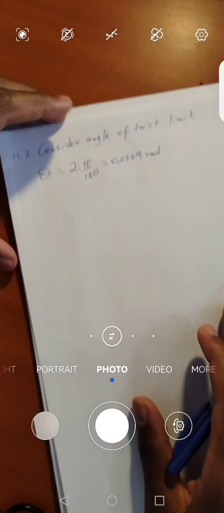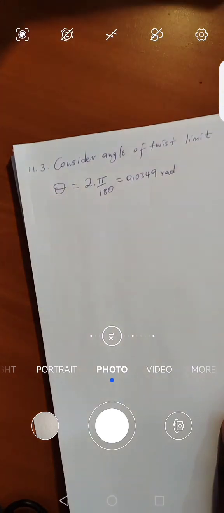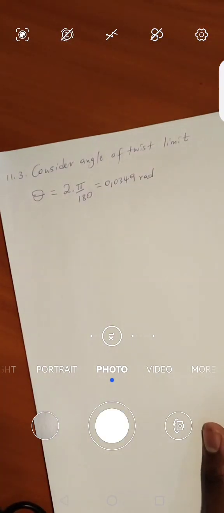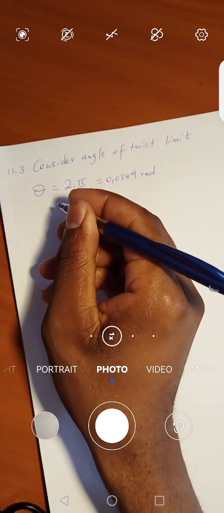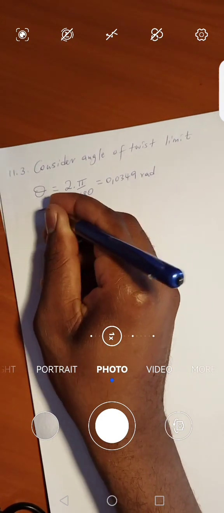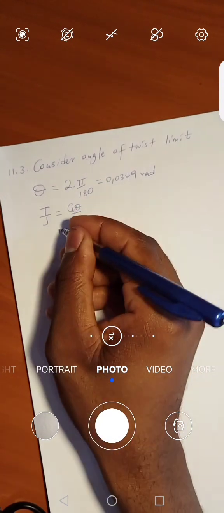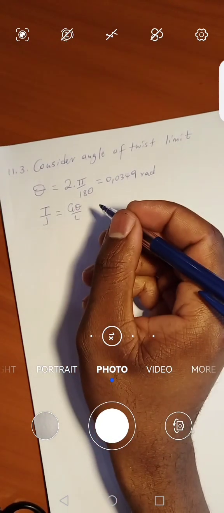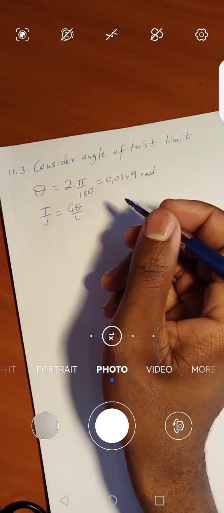Then you will have T over J equals to G theta over L. So this is the formula that we're going to use when they say consider the angle of twist limit, then you use this. Right, so from here you can just substitute.